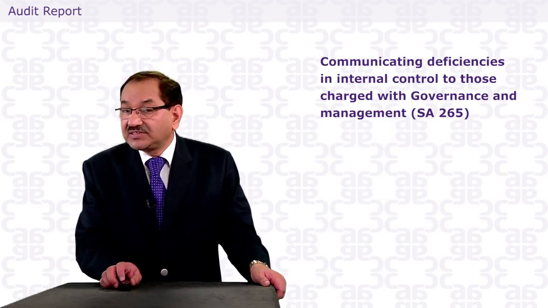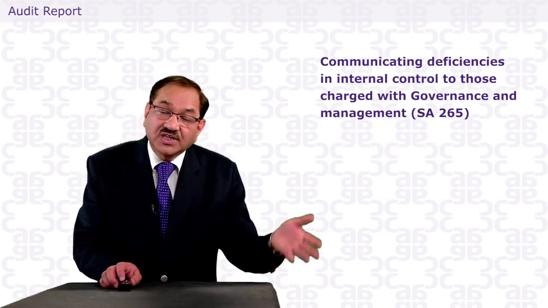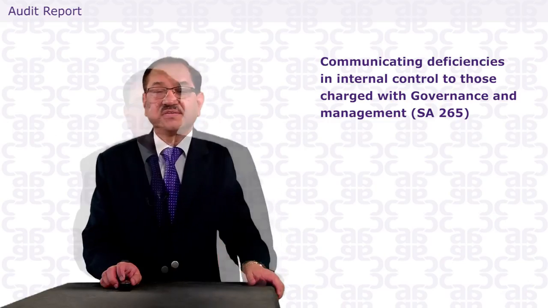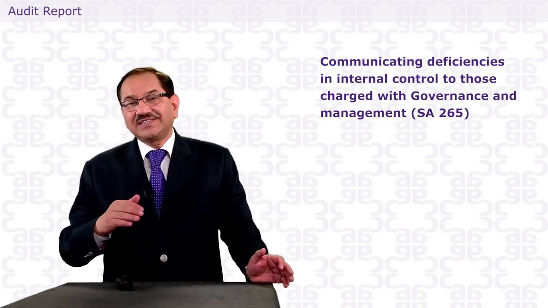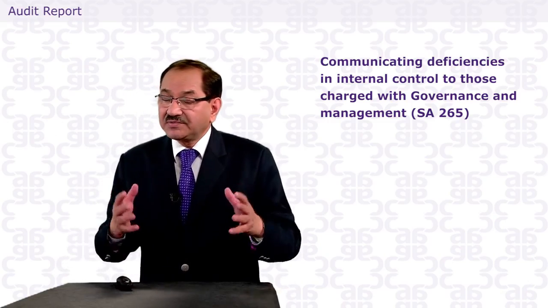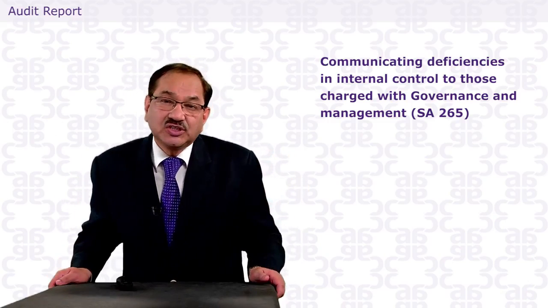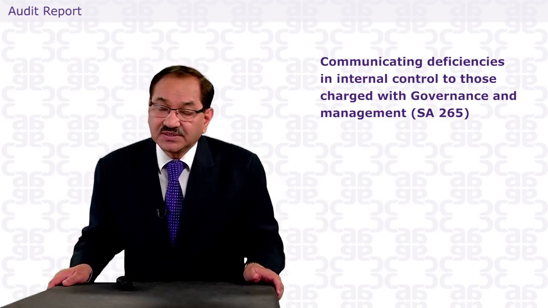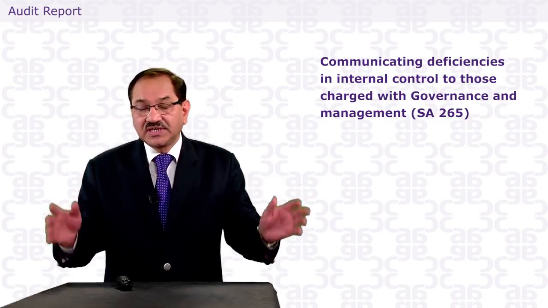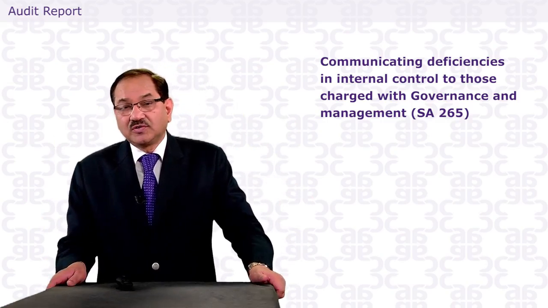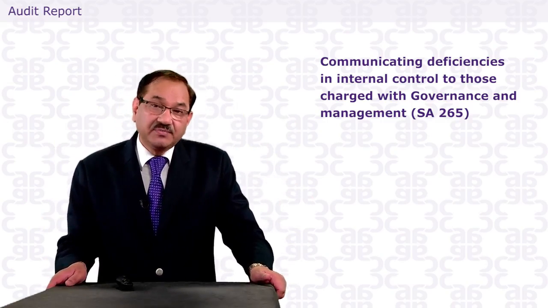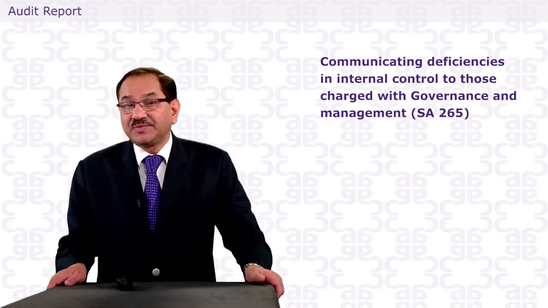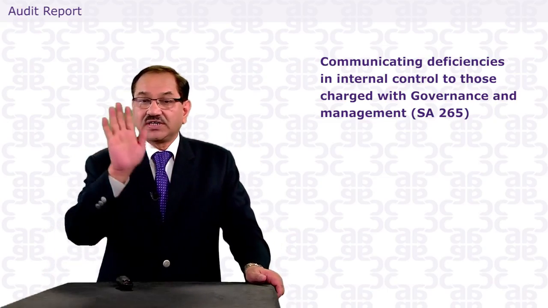Now the question arises, who are those charged with governance? What do you mean by management? Sometimes it will be difficult in small companies to know who is management and who is in charge of governance. If you go to the structure of a listed company, which is a very big company, the persons in charge of governance may be the board of directors and audit committees.